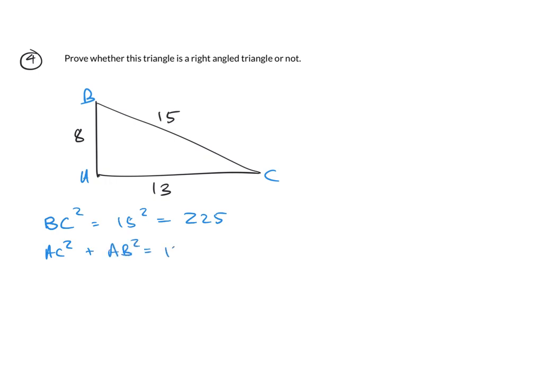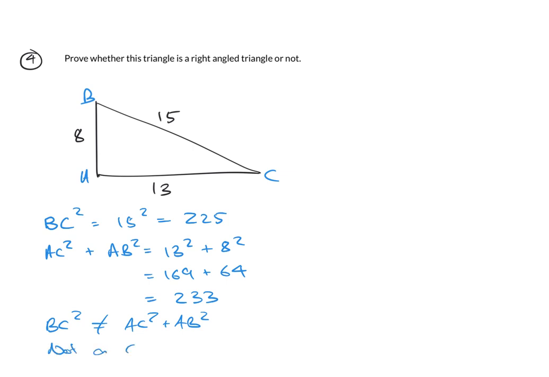That is going to be 13 squared plus 8 squared. 13 squared is 169 and 8 squared is 64. 169 plus 64 is 233. And clearly that is not the same as 225. So we can see here that BC squared does not equal AC squared plus AB squared. So it's not a right angled triangle.